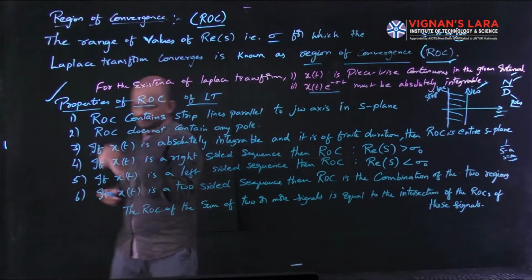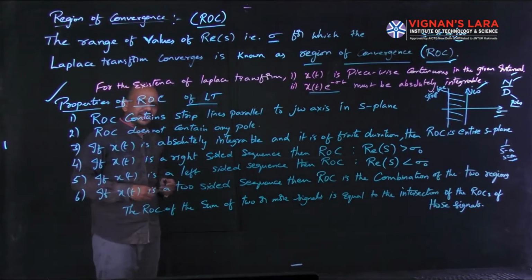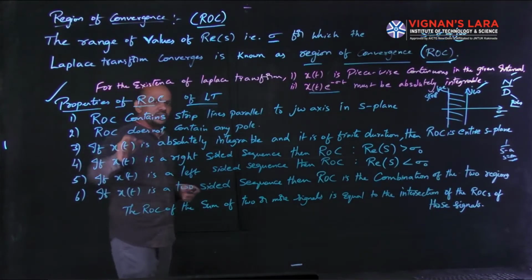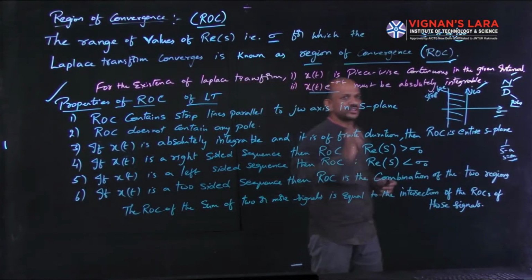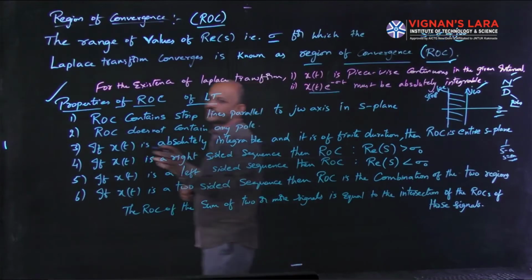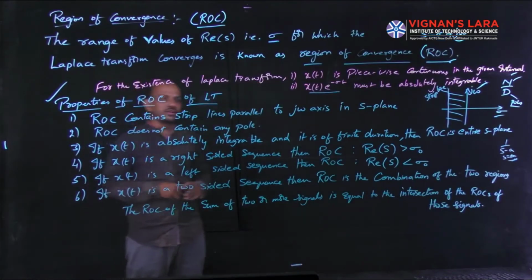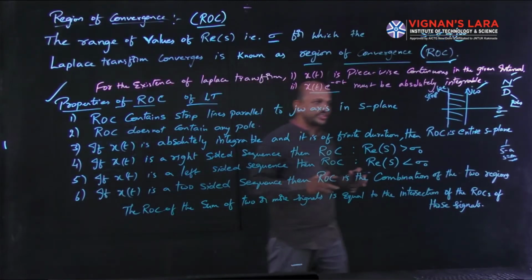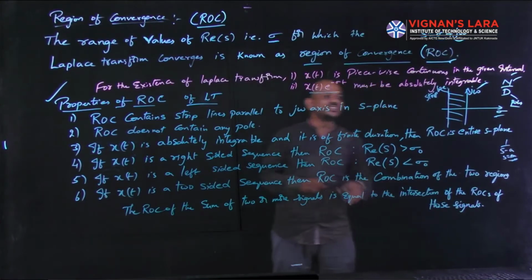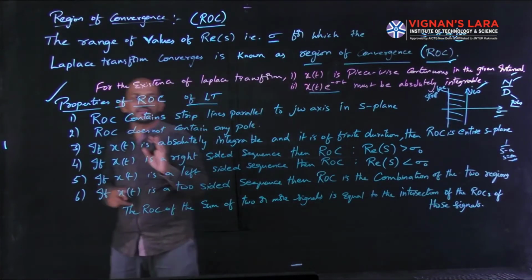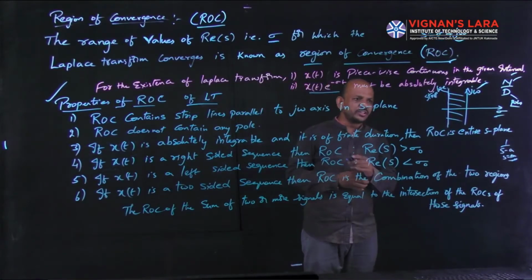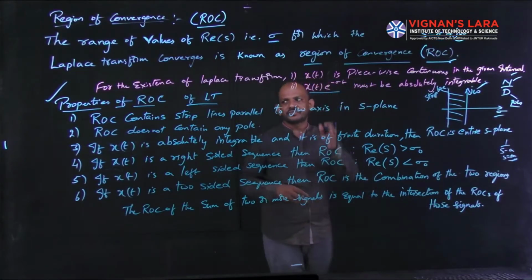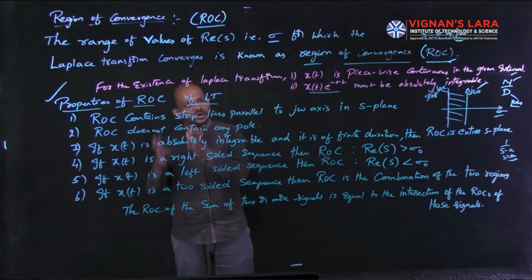The third one is: if x of t is absolutely integrable and is of finite duration, then ROC is the entire S-plane. Here the given signal x of t is absolutely integrable, so the integration of x of t will give a finite value.